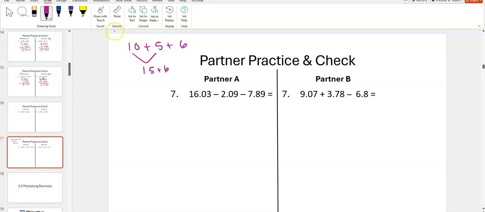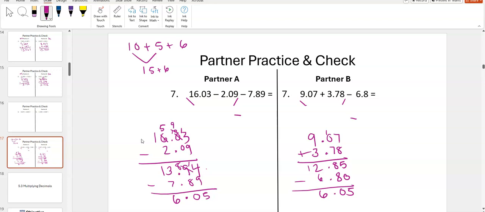You're going to do the same thing in these problems. For me, I'm going to subtract these 2 first, and then whatever my answer is, I'll subtract from my last number. You, on the other hand, are going to add, and then you'll subtract from there. So pause the video one last time, give this tricky 3 number one a try, and we'll see if we get the right answer.